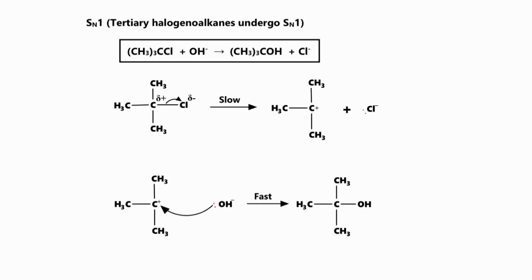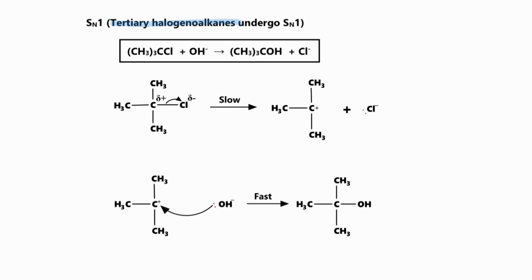The very first one, we will move into SN1. SN1 is for tertiary halogenoalkane. In tertiary halogenoalkane, the C that is bonded to the halogen, as in here we have chlorine, is bonded to 3 R groups, where we have CH3, the methyl group, as the R group here. So it is a tertiary halogenoalkane.